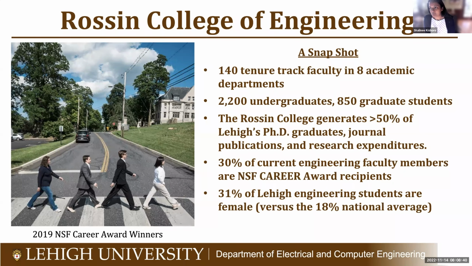More than half of our journal publications and our research expenditures are coming out of this college. As an example, of the outstanding faculty we have here who do research, 30% of them have the very prestigious National Science Foundation Career Award, which is very difficult to get, and the 30% number is well above national averages for most universities.